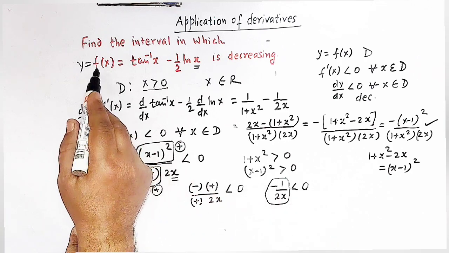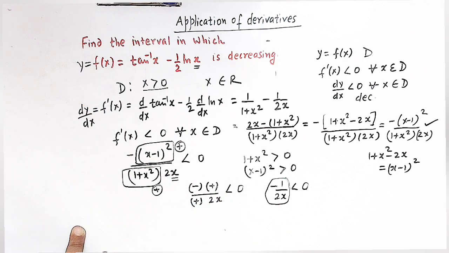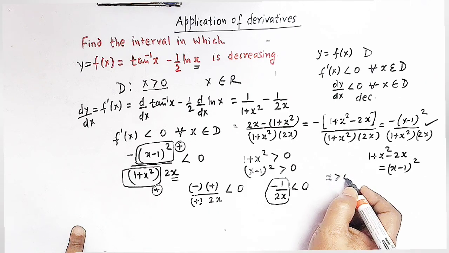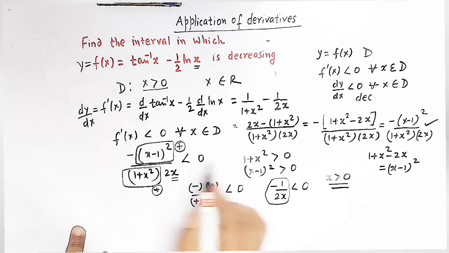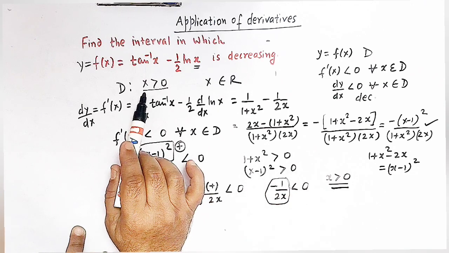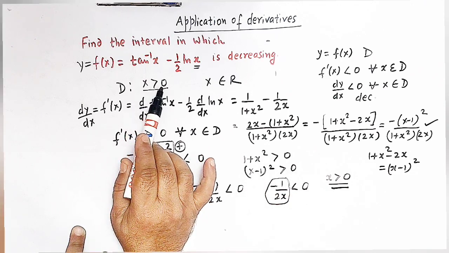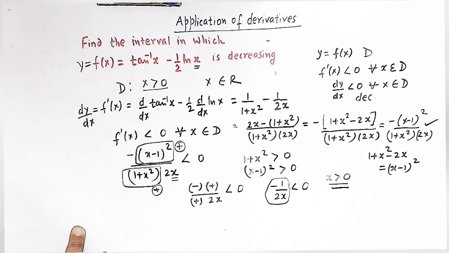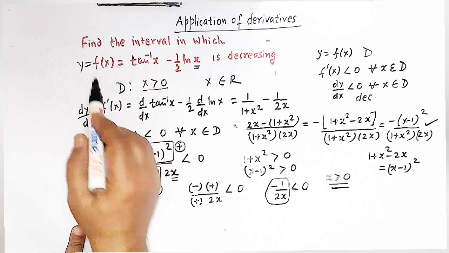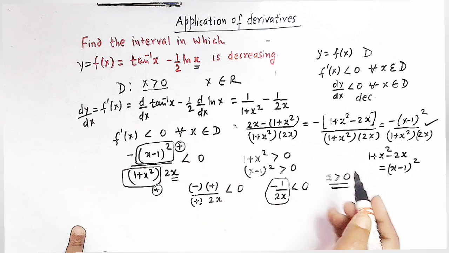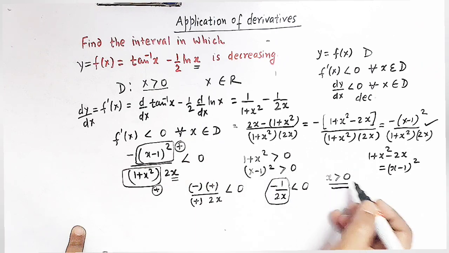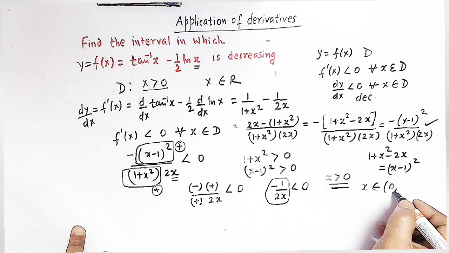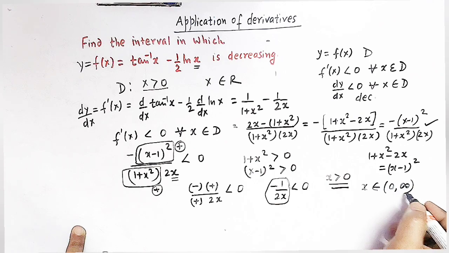So this function f of x is a decreasing function when x is greater than 0, and we can see that here x greater than 0 also constitutes the domain of the function, right? So f of x is decreasing function whenever x is greater than 0 or x belongs to this interval, that is 0 to infinity.